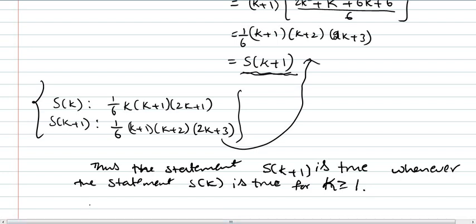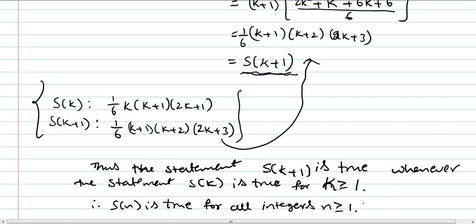Therefore, by mathematical induction, this statement is true for all n greater than 1. Therefore, S of n is true for all integers n greater than or equal to 1.